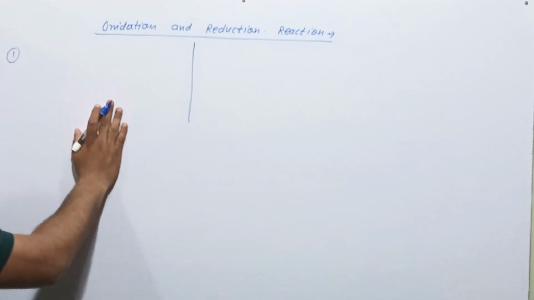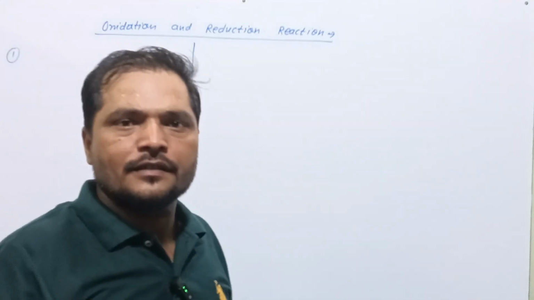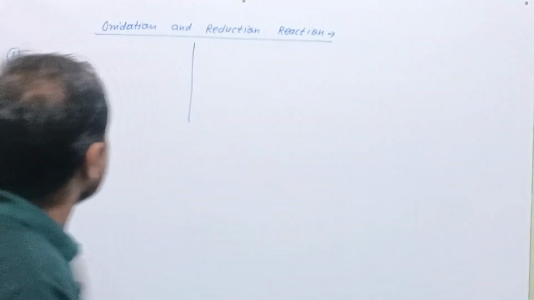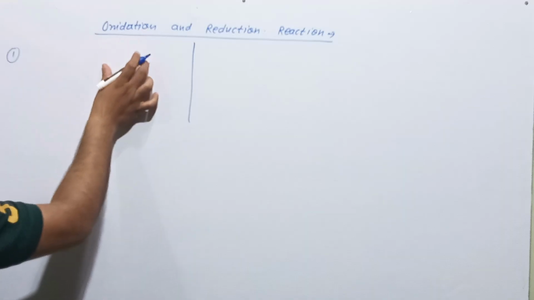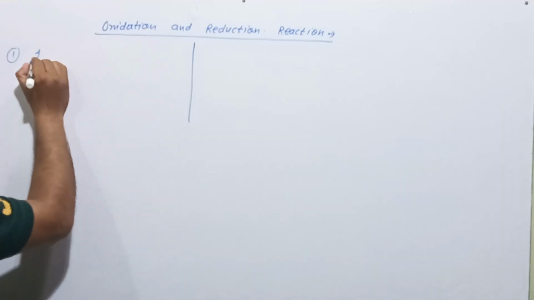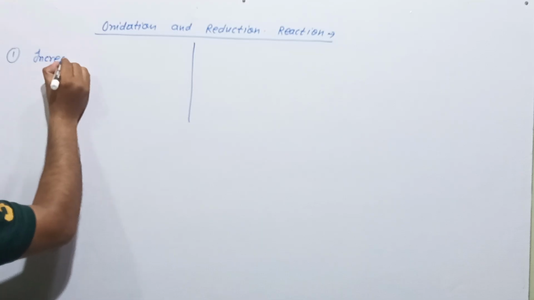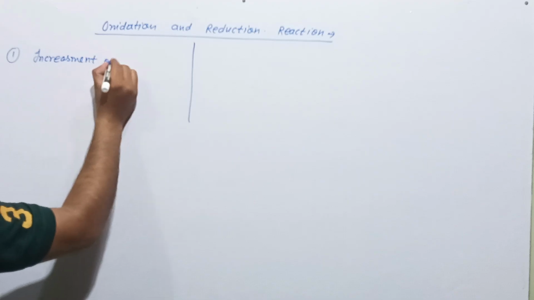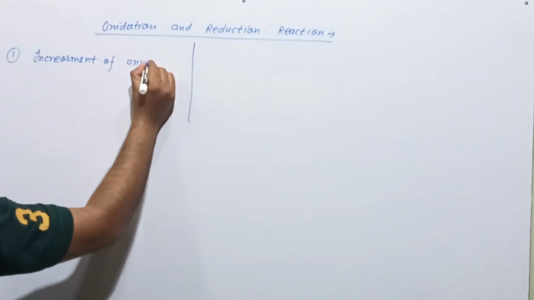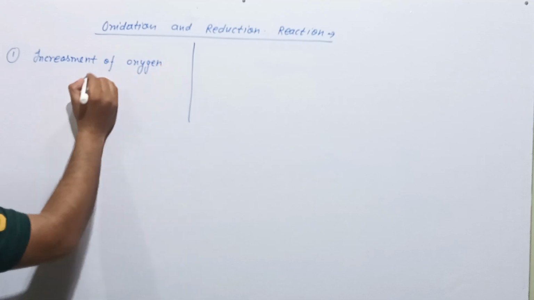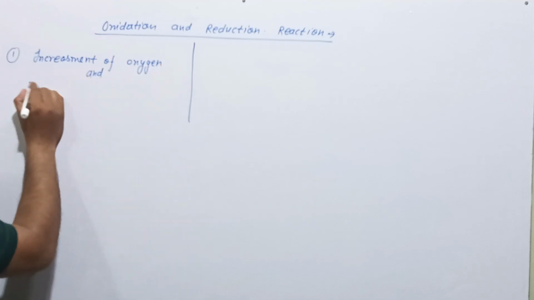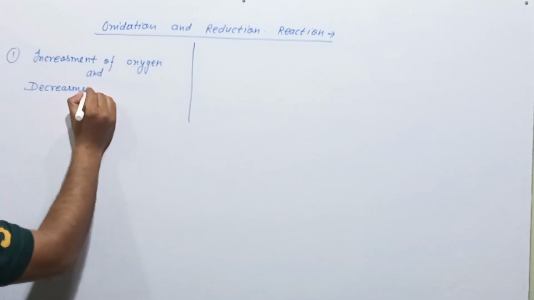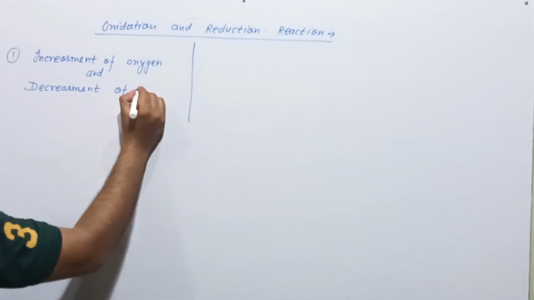It must be learned by all of us if we want to clear the concept of oxidation and reduction. The concept of oxidation means increase of oxygen and decrease of hydrogen.